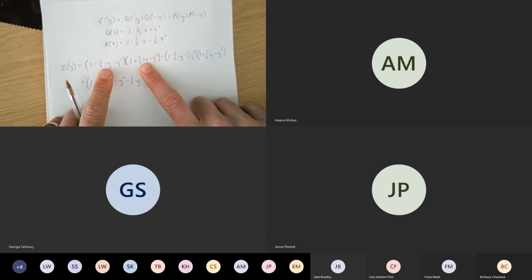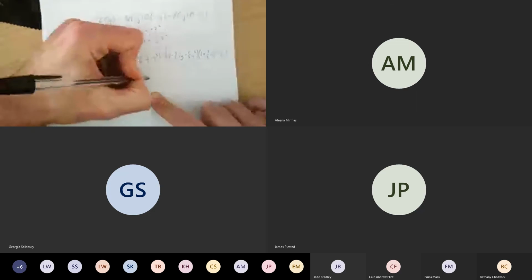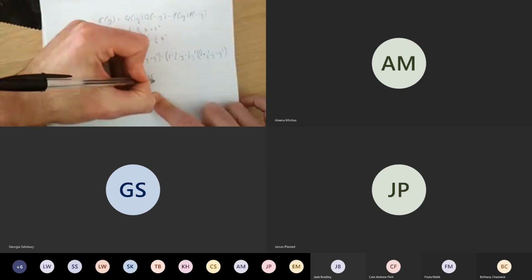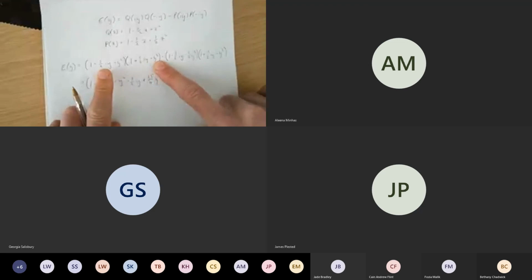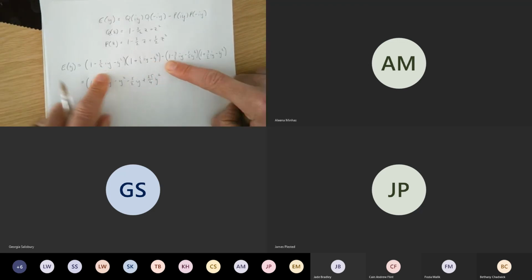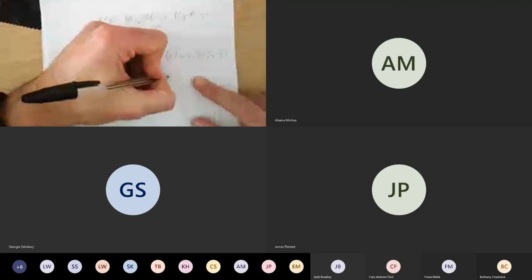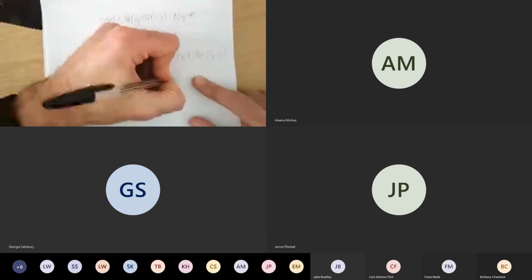So that's going to give me minus 25 over 4 y squared times i squared. Well, obviously i squared is minus 1. It's going to be plus 25 over 4 y squared. And 5 over 2 iy times y squared, that's going to give me plus 5 over 2 iy cubed.